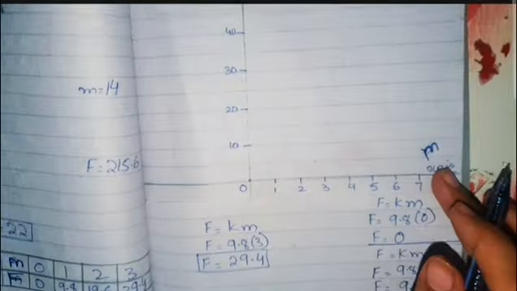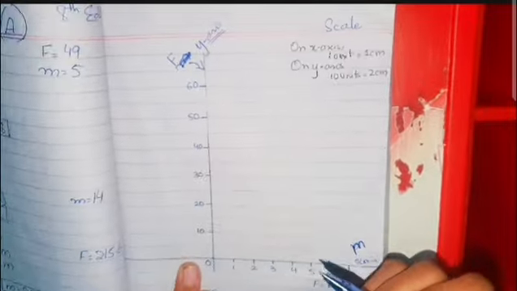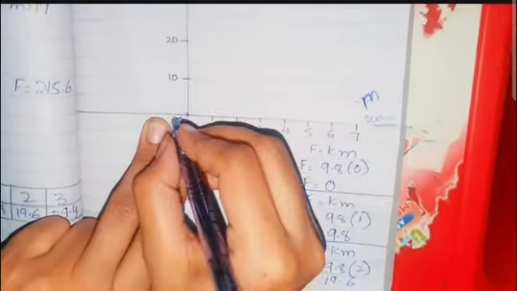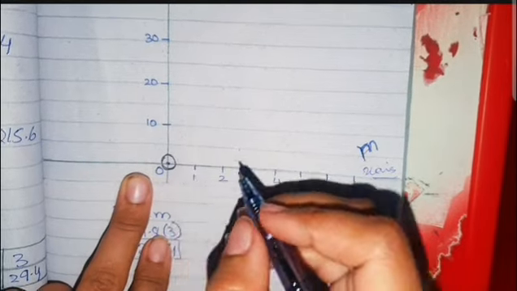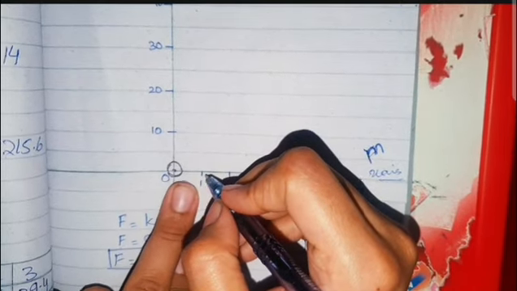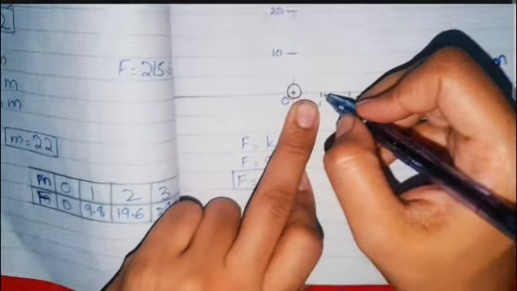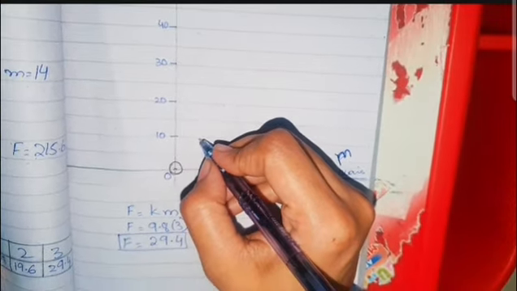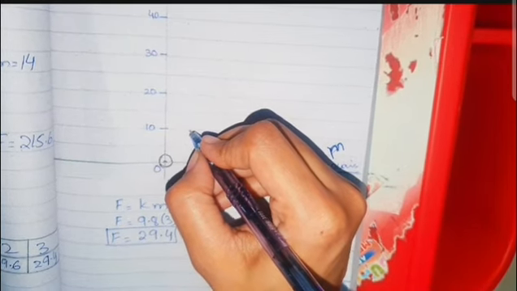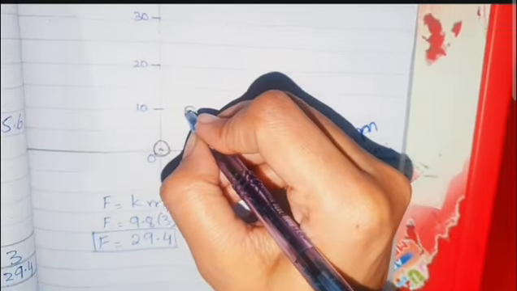So now I have drawn a graph. The first point is 0, 0. So the 0 on the x-axis is over here, and the 0 on the y-axis is also over here. So we'll mark this point. Now 1 on the x-axis means 1 on line m, and 9.8 on line F. So a little bit below 10, I am marking this point.